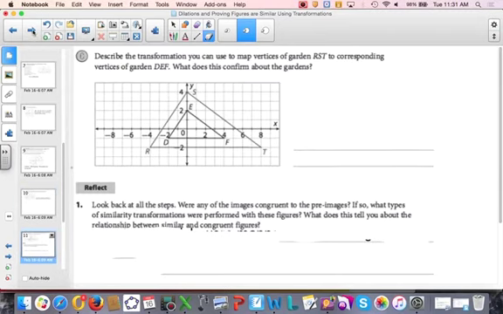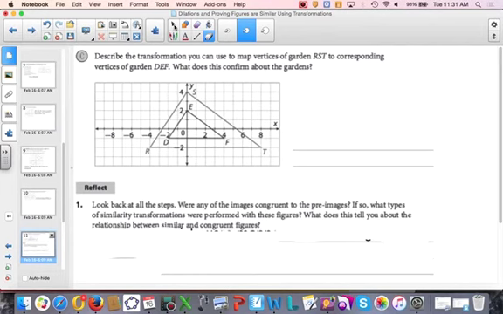In part C, describe the transformation that would map triangle RST to DEF. Well, this is definitely not a congruence transformation. These two figures are not congruent. Hopefully, you'd realize that it's definitely a dilation. Well, how would I have to dilate RST in order to get DEF?